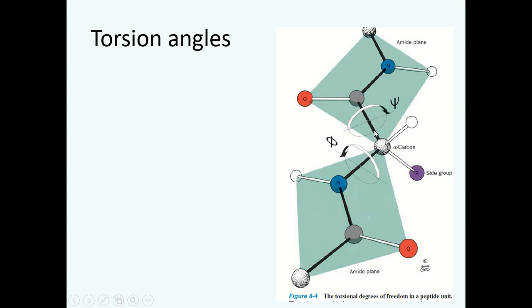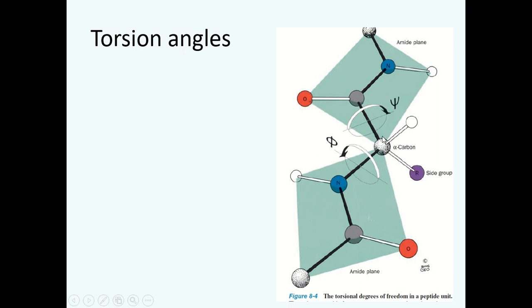So across this bond axis, alpha carbon and the carboxyl, and alpha carbon and the amino, rotation is possible across these two bond axes. We have just seen that the peptide bond is planar, it is a rigid bond. So therefore rotation is not possible across the peptide bond here as well as here. However, these bonds between the alpha carbon and the carboxyl and the alpha carbon and the amino can undergo rotation.